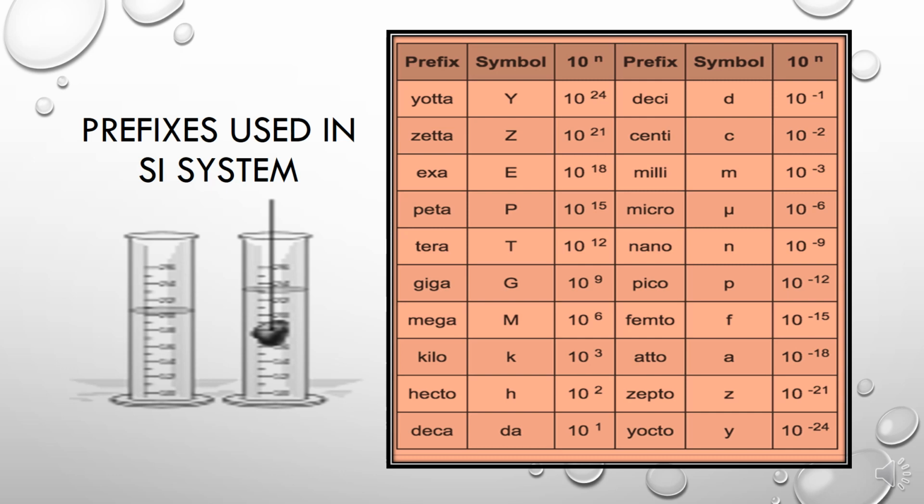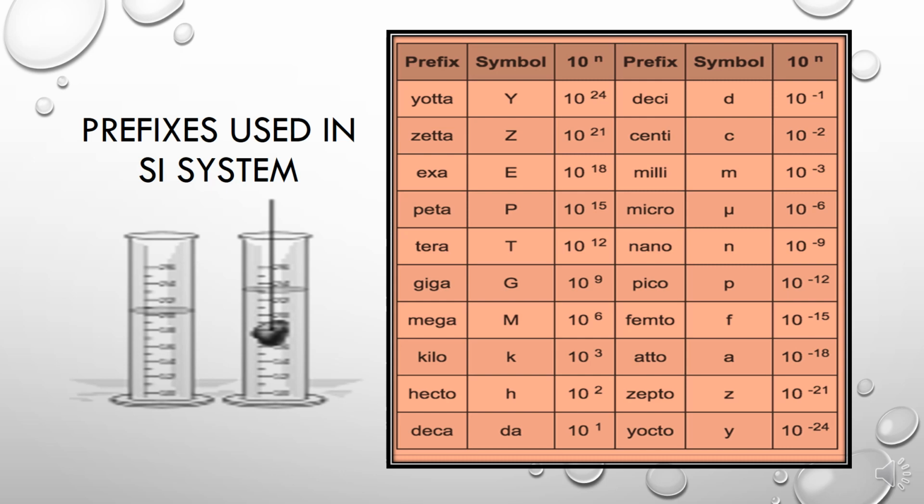In this table you can see that for the higher units, yotta is 10 raised to the power 24, zetta 10 raised to the power 21, exa 10 raised to the power 18, peta 10 raised to the power 15, giga 10 raised to the power 9, mega 10 raised to the power 6, kilo 10 raised to the power 3. That is kilogram or kilometer. Wherever we use kilo with a basic unit, 1 kilometer is equal to 1000 meter. Hecto 10 raised to the power 2, deca 10.